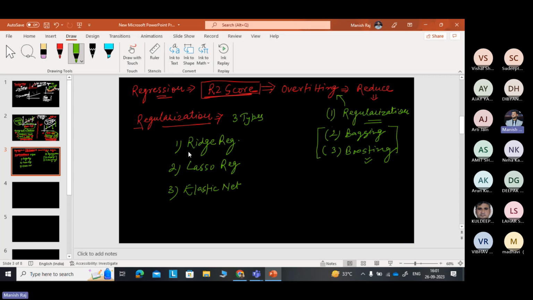Ridge regression you can also call L2 regularization. Lasso is the L1 regularization. And the last one is the combination of L1 and L2. These three types of regularization techniques we will study, and how they reduce the overfitting problem.